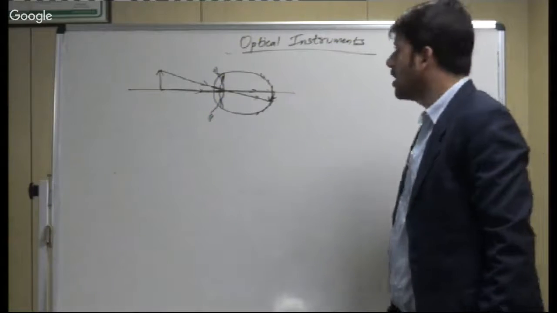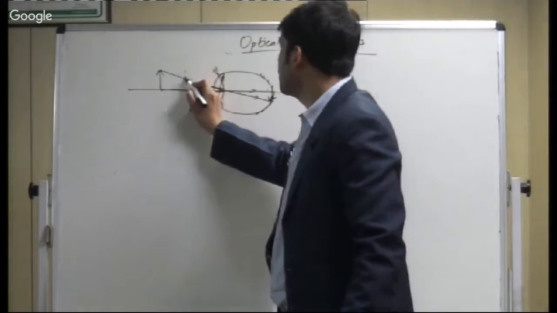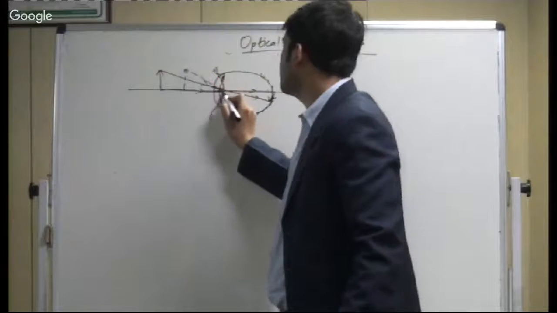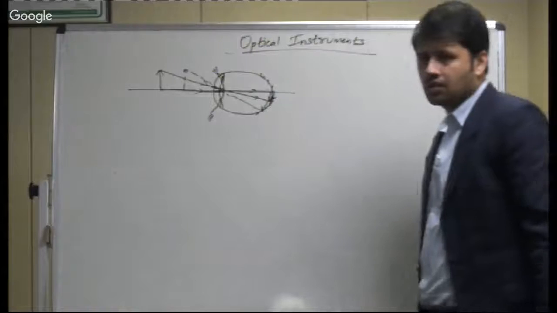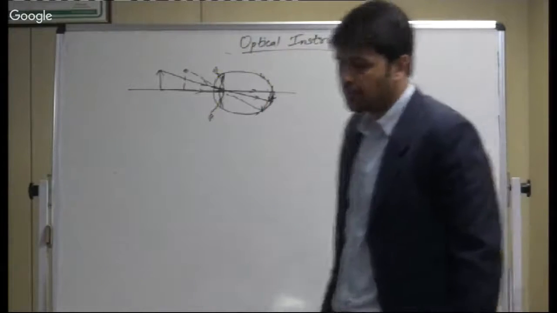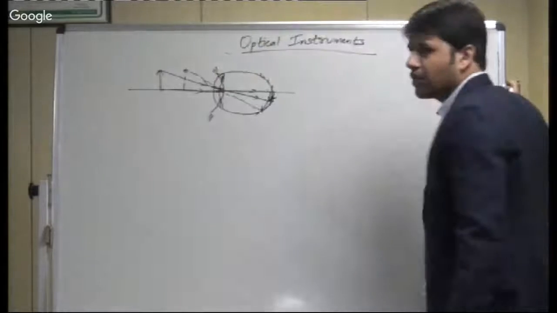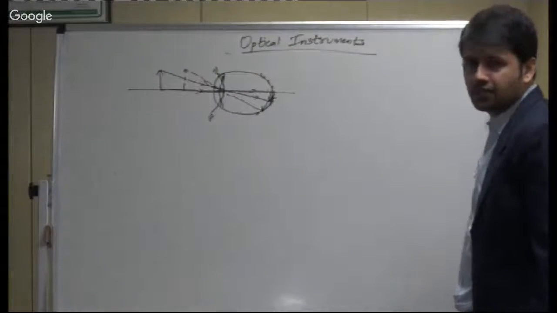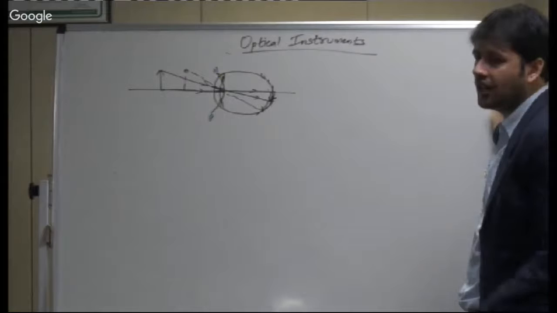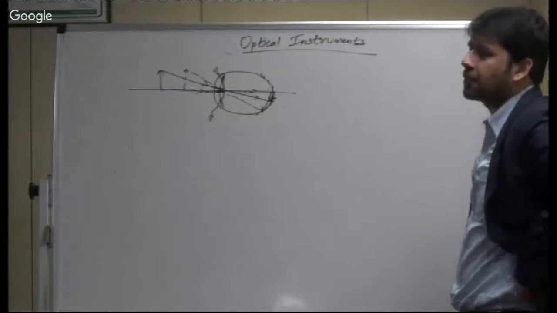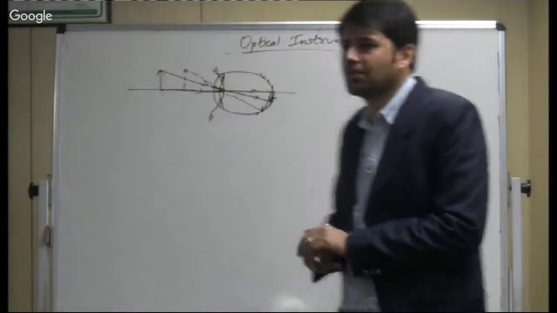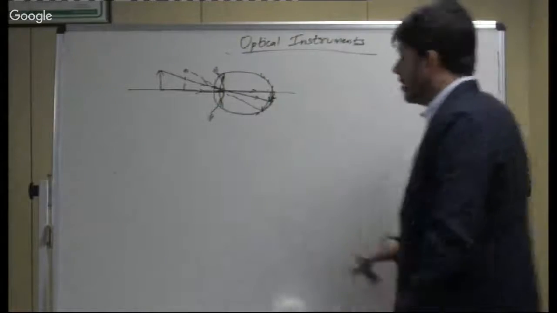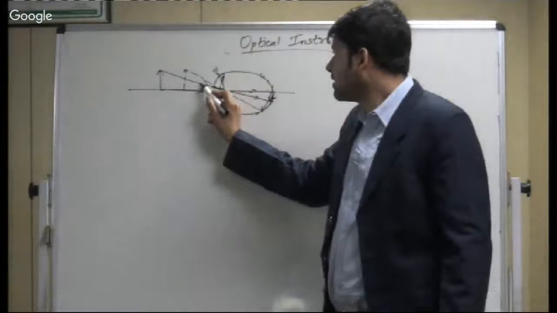Now if the same object is placed closer, this would be the image formed. So an object which is placed closer activates more number of retina cells, and due to that we get a perception of a bigger image. That is how we get a perception of how large an object is. So you can see that actually it is this angle.